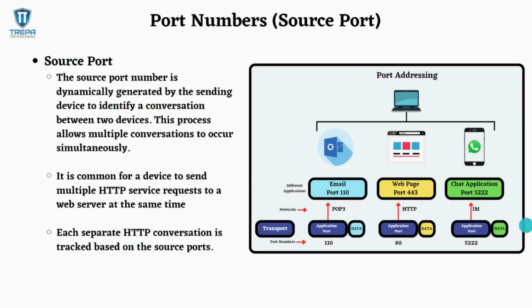So again, here we see another example where we're using port numbers for our destination traffic, right? These applications have their own port numbers that we're going to assign as a destination. And then the source port number is going to be generated by our client device so that once the server needs to talk back to the client, it knows where to send it as well.